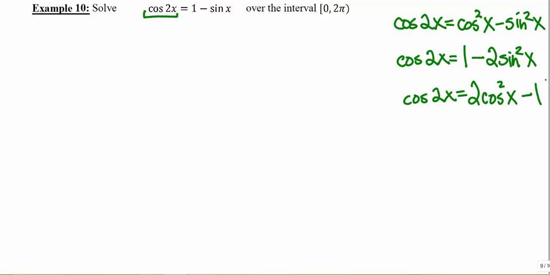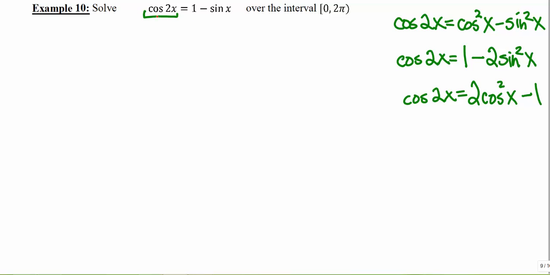Which one would be best to replace cosine 2x in this particular equation? Well, notice that on the other side we have the trig function sine. Not only would it be nice to have the input angle to be only x throughout the equation, but it would also be nice if we could pick the double angle identity so that the entire equation would be in terms of only sine.